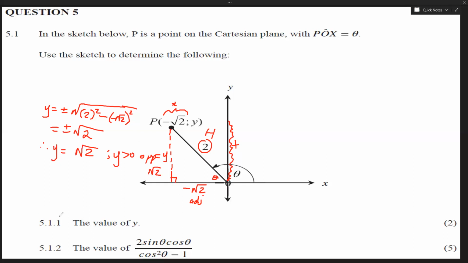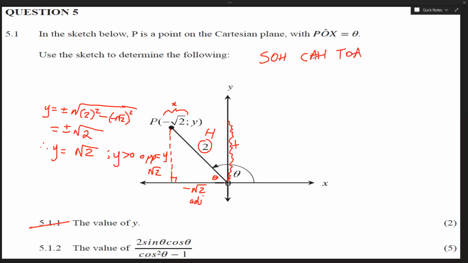On 5.1.1, they want us to determine the value of y, which we already did. And then they want us to determine the value of 2 sine theta cos theta over cos squared theta minus 1. Remember, ladies and gents, by definition of SOH CAH TOA, sine theta is opposite divided by hypotenuse.